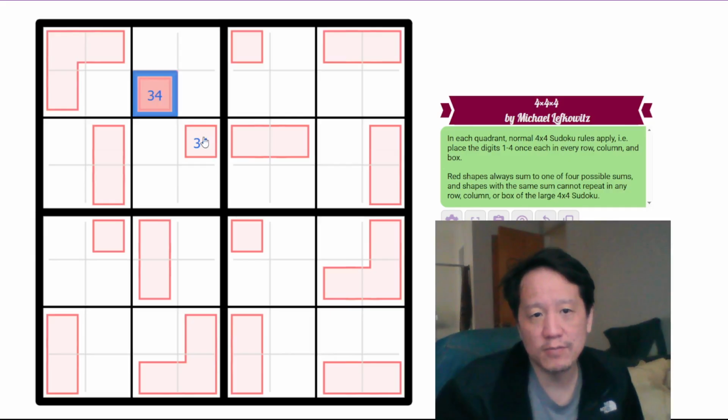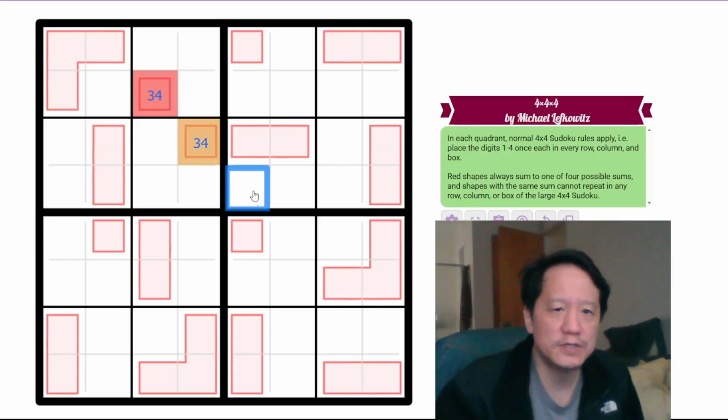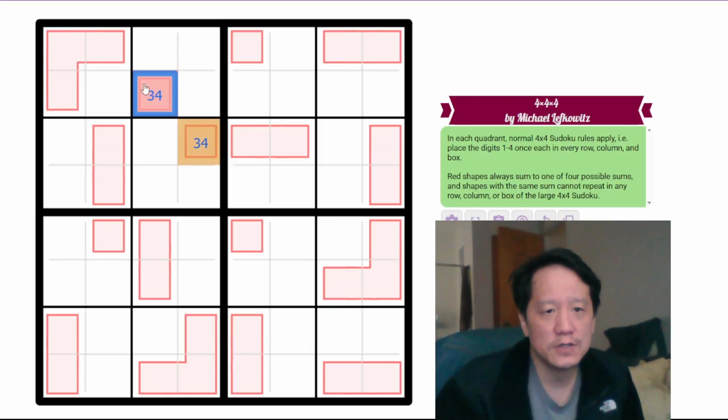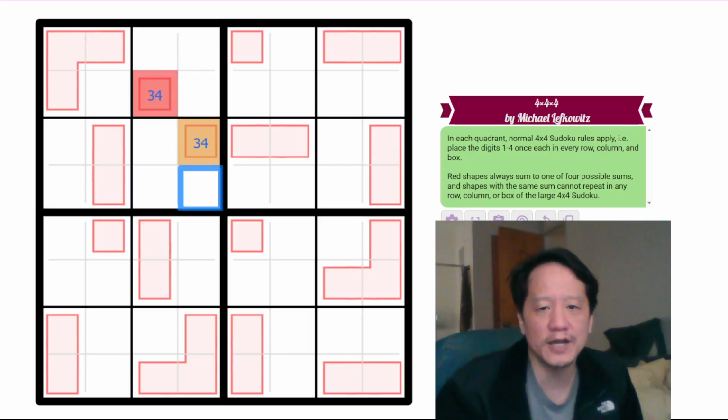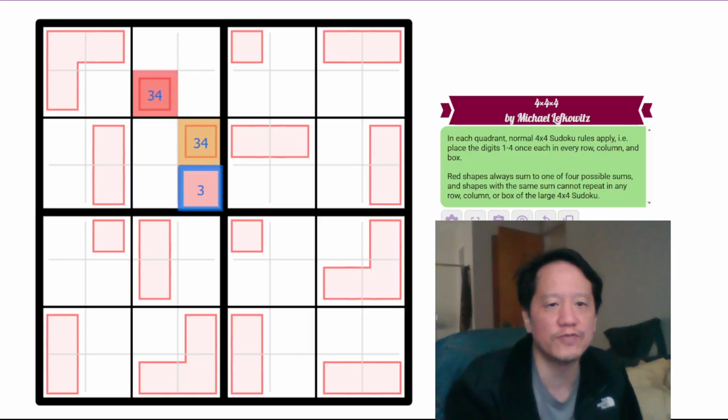So we're going to make that red, and we'll make that orange. They have to be different digits, because if they weren't, then they would sum to the same sum, and that's not allowed in the same quadrant. So red cannot be here, red has to be here, so this must be a 3-4 pair.